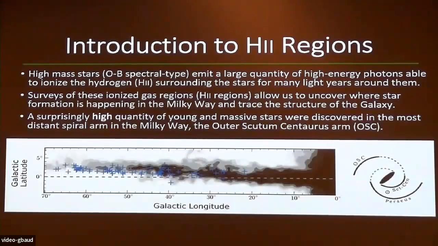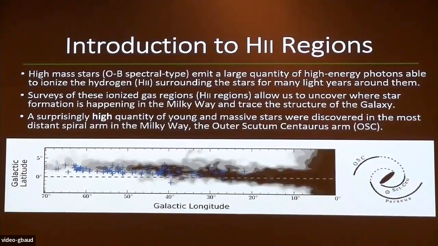The H1 hydrogen is ionized and becomes simple protons under these photons, in the very nearby of the star. It can spread over many light years around them. Studying these H2 regions allows us to discover where these high-mass stars are located, and so have a good idea of the structure of the Milky Way.